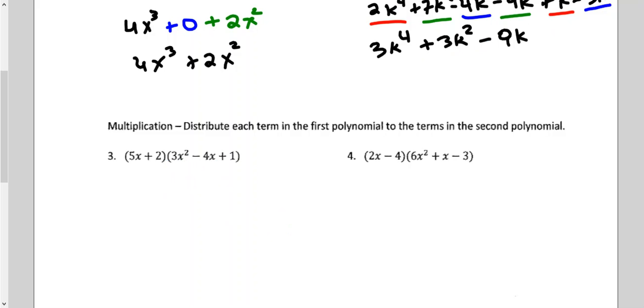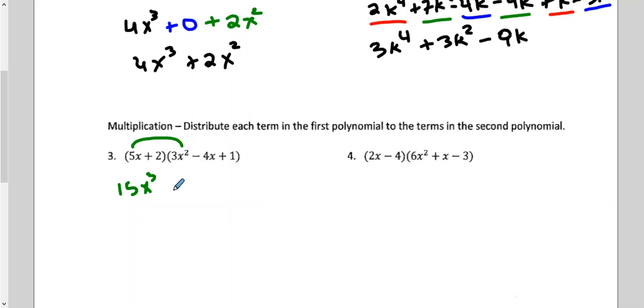Okay, so let's look at the 5x. So you're going to do 5x times 3x squared. So 5 times 3 is 15. And then for x, the exponents, you just add them up. So you remember there's a 1 here, so 1 plus 2. So this is 15x cubed.